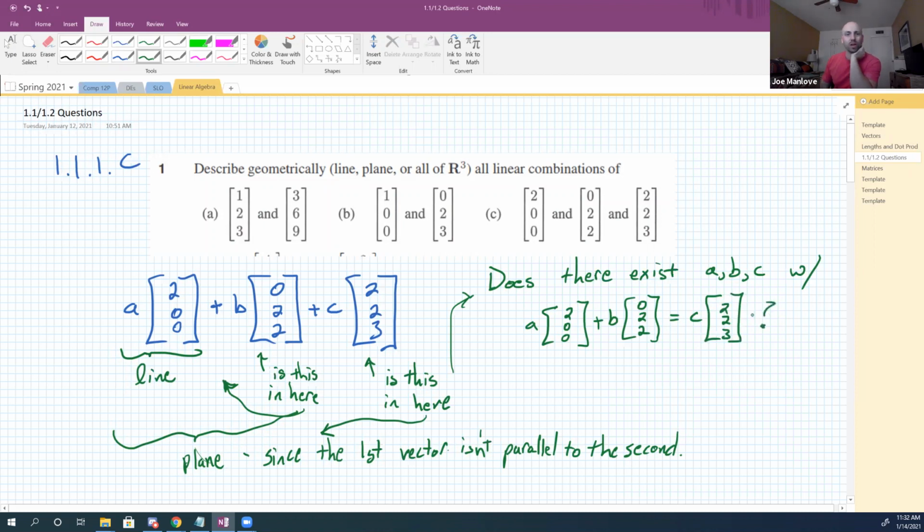You guys see why I'm wondering that? Things in that plane are of this form. And that third thing is of this form. So I gotta wonder, is that third thing somehow in the plane?